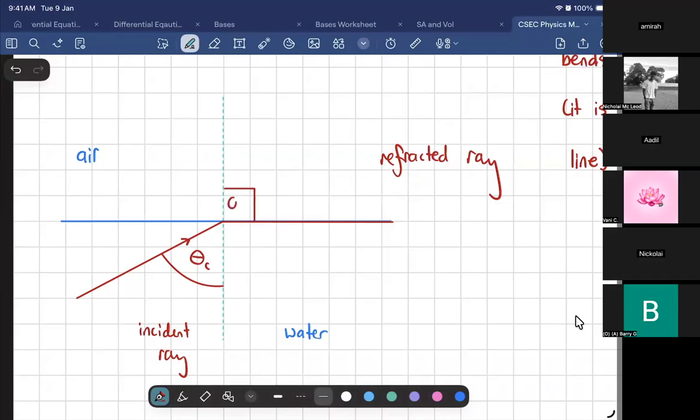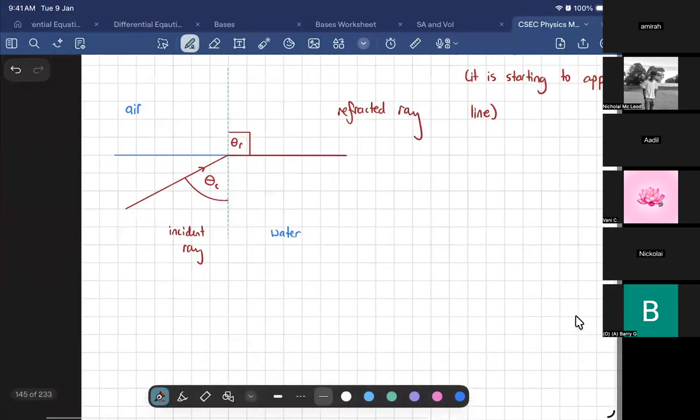And this would be theta R. So I'll make a little note about that.